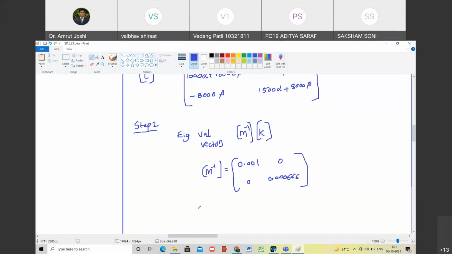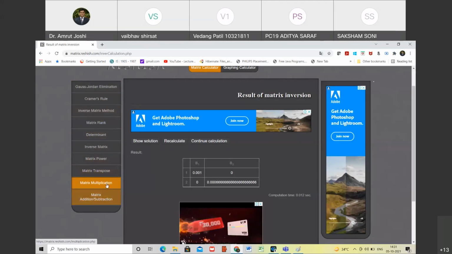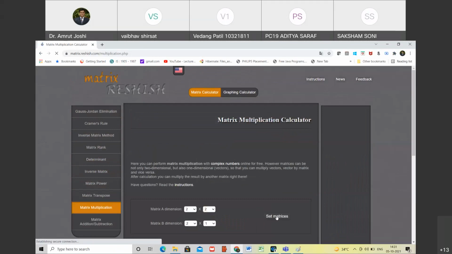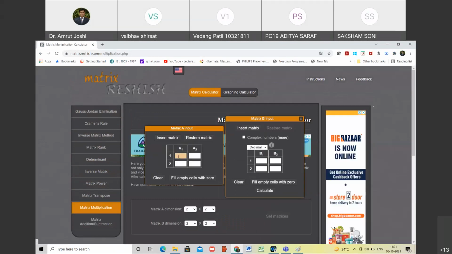So let us try to find out M inverse K. So matrix multiplication, 2 by 2 into 2 by 2 matrices. M inverse is 0.001, 0, 0, 0.00066666.